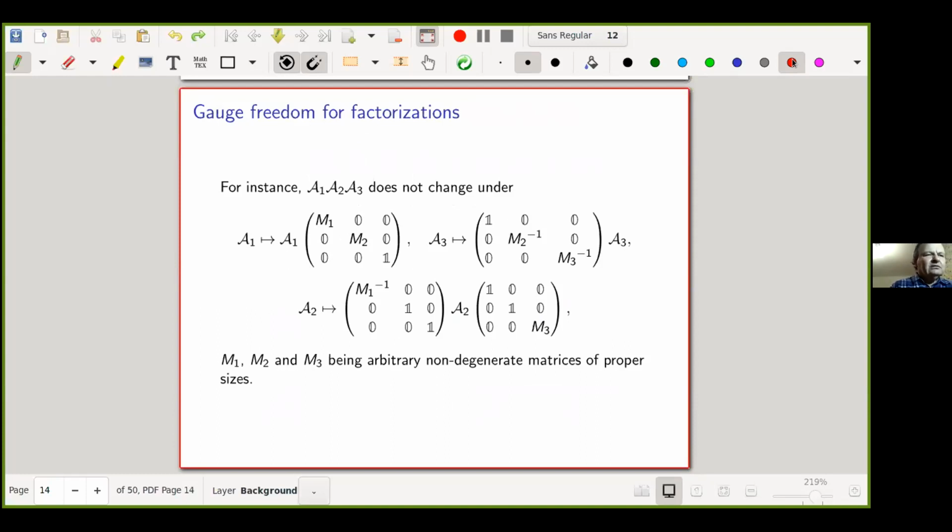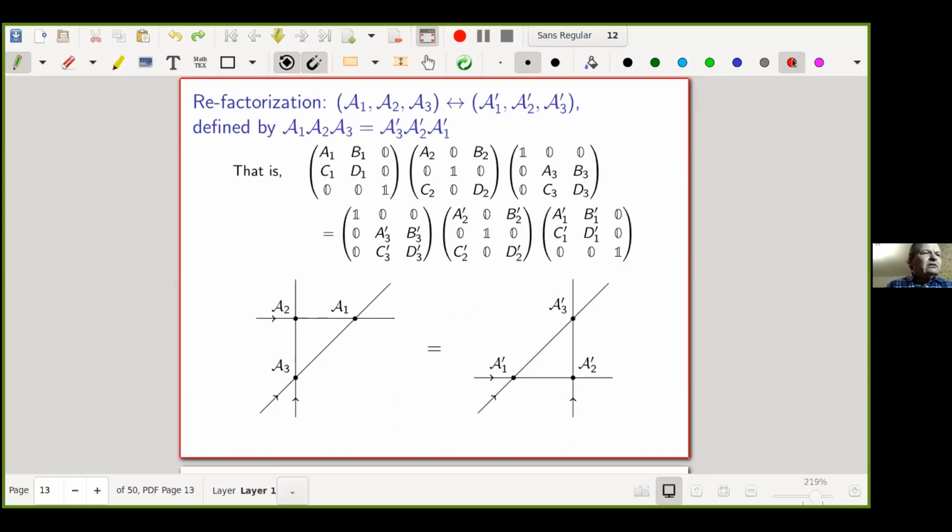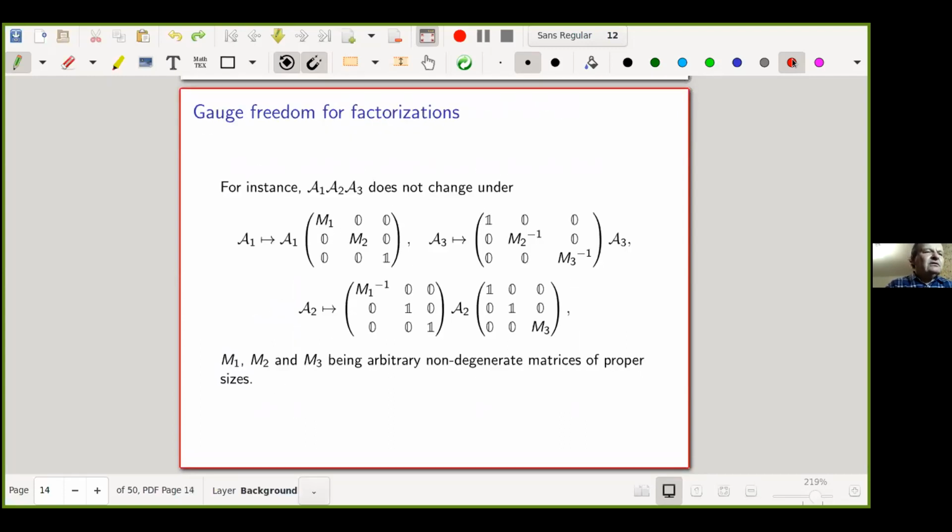And just if you look here at this screen, of course the product of new A1, A2, and A3 is clearly the same as the product of the old A1, A2, and A3. So this is just a trivial thing about this gauge freedom.